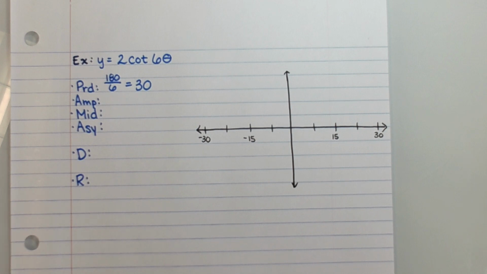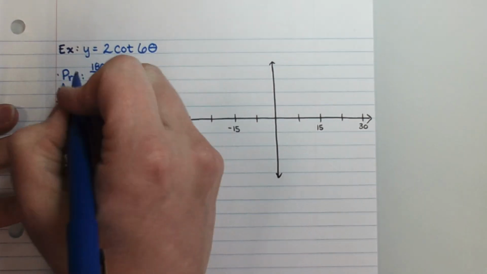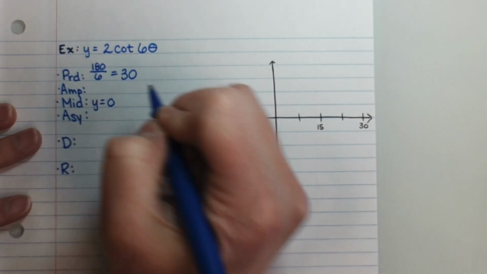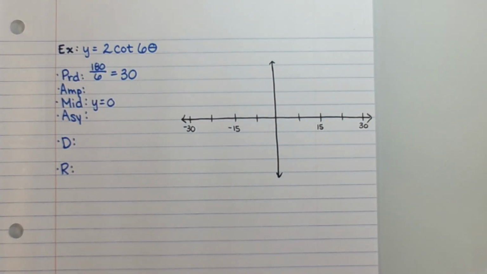Amplitude we'll come back to because we haven't seen what the cotangent graph looks like yet. Midline, still y equals 0, and we'll get back to asymptote, domain, and range.